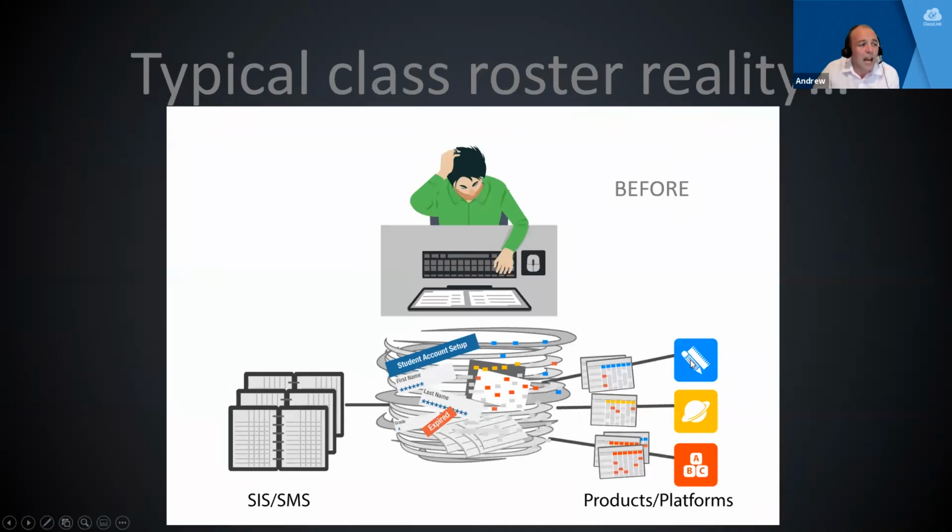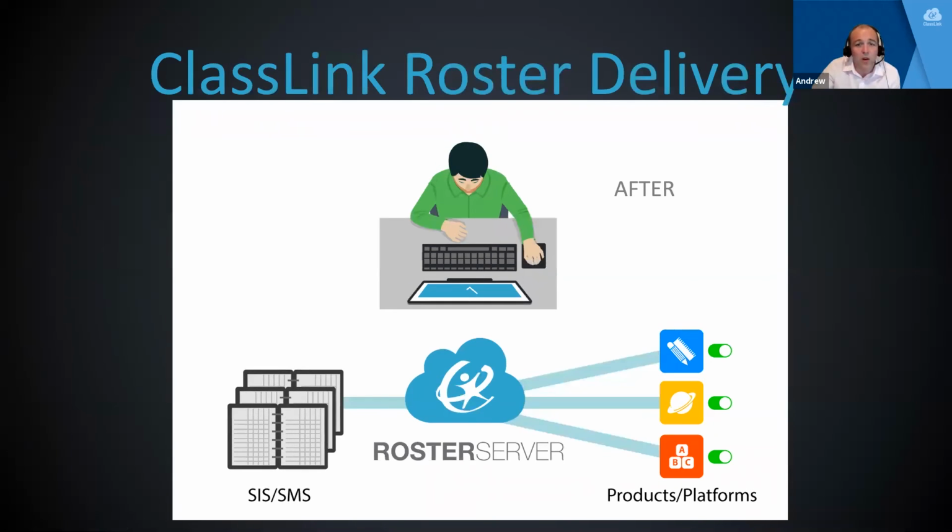So a typical class roster reality is that somebody puts all the information into the SIS or MIS system. Somebody, usually an IT professional, then has to take all that information and give it out to the different vendors to be able to create accounts. What we're able to do as part of ClassLink is create an effortless automated system, creating a much more efficient organization and saving your organization time.